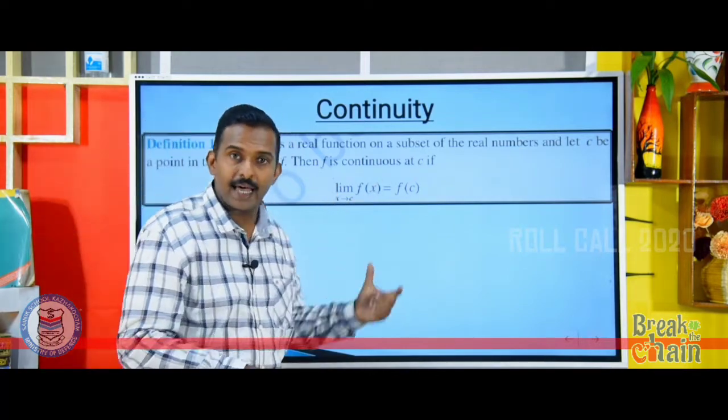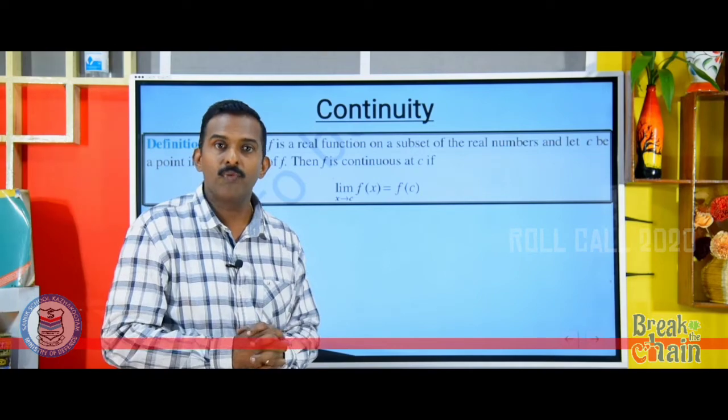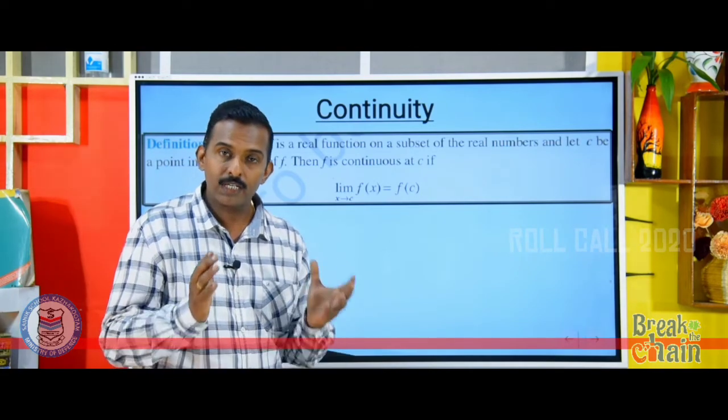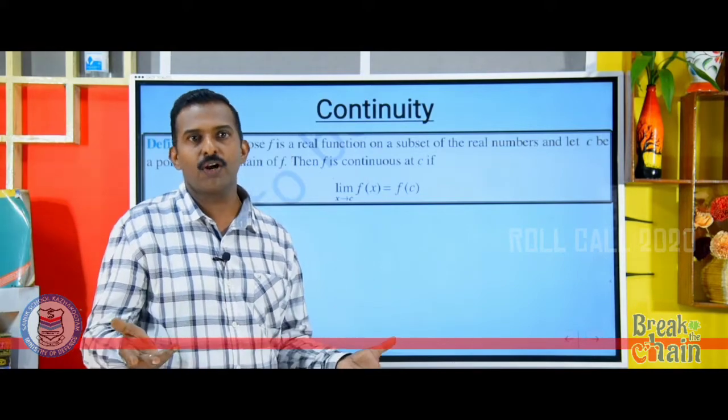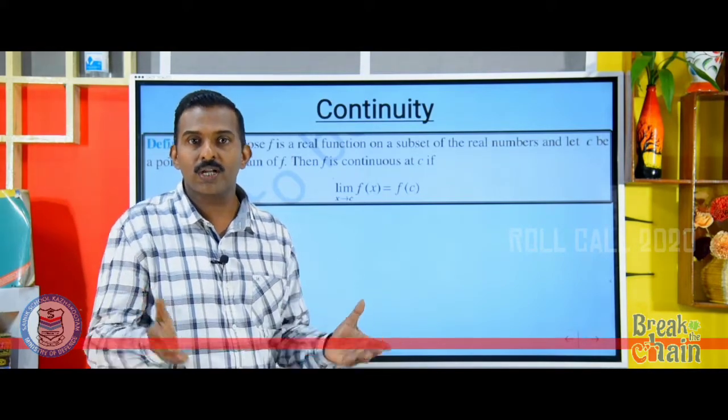In the second example that we have taken, the limit value was not equal to the function value. That is why it was not continuous. And in the first example, the limit itself did not exist. Then there is no question of checking this one.